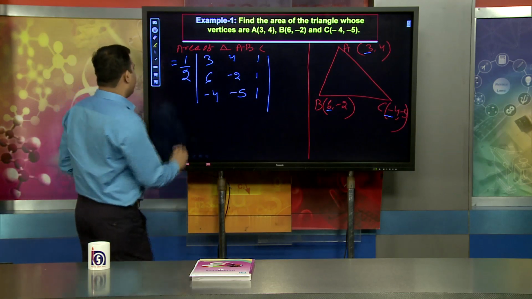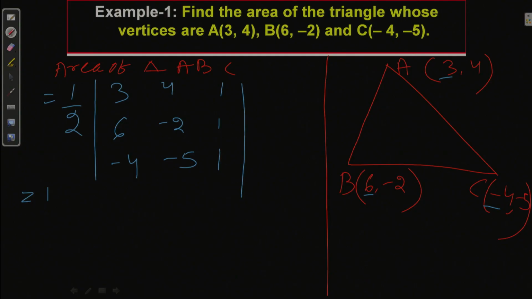And how do we find the determinant value? One by 2, we already know how to find it. That means 3 into minus 2 minus of minus 5.